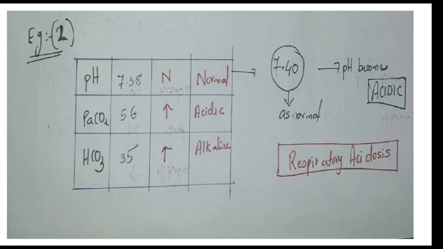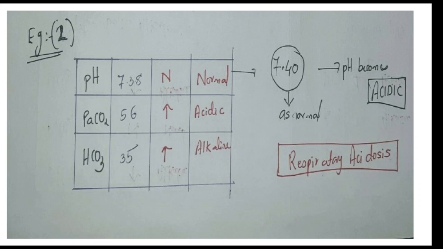So now just check the pH level. 7.40 is normal. The given value is 7.38. So it is less than 7.40. If it is less than the normal, we say it is acidic. So pH became acidic. So now it is getting matched with whom? Whether PCO2 or HCO3? Yes, it is getting matched with PCO2 because PCO2 is also acidic.